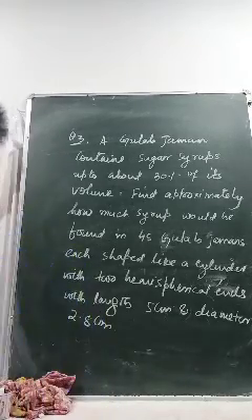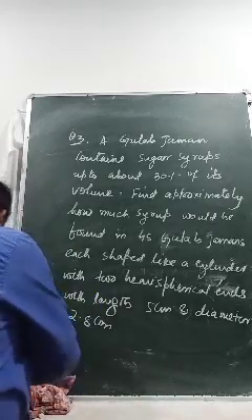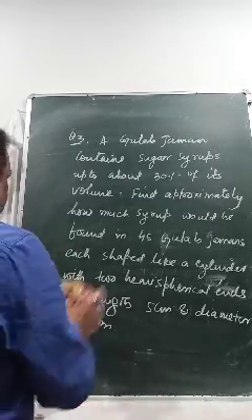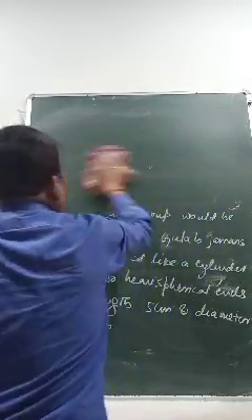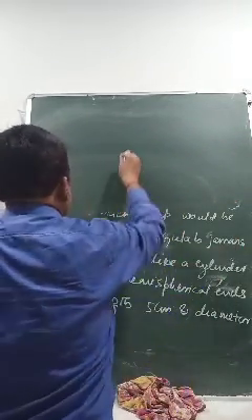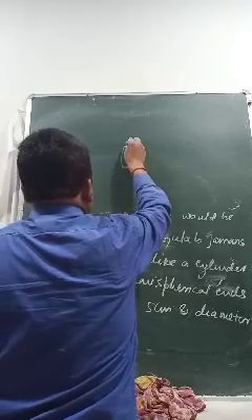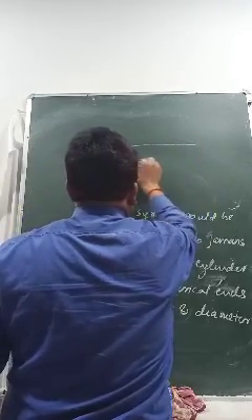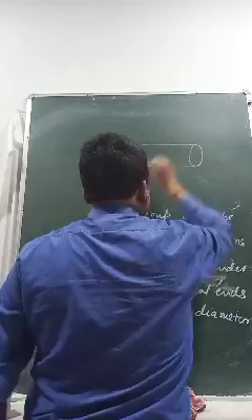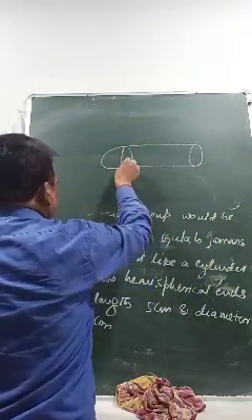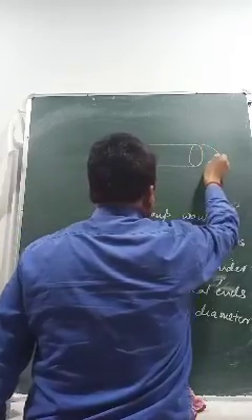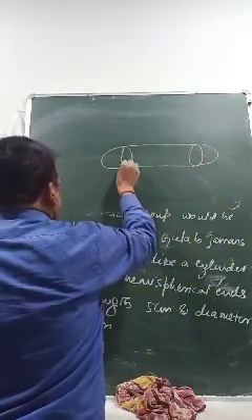Let's make a gulab jamun first. Gulab jamun is like this, the cylindrical shape with a hemisphere.